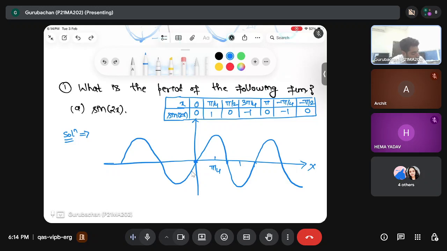This will be minus pi by 4 and minus pi by 2. So it starts repeating after this one. This is pi by 2, this is 3 pi by 4, and this is pi. So clearly the period is pi.